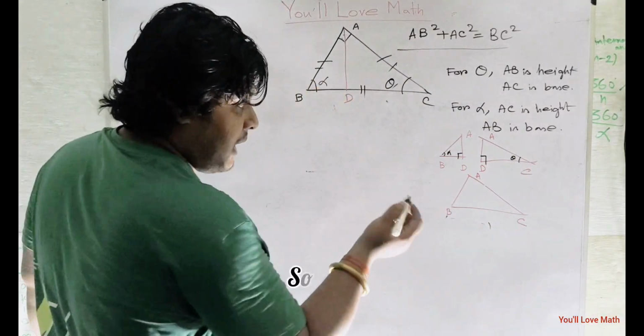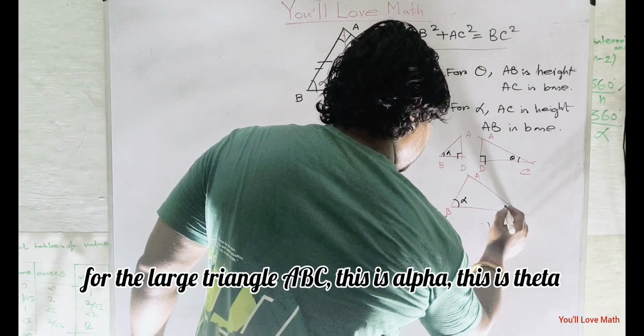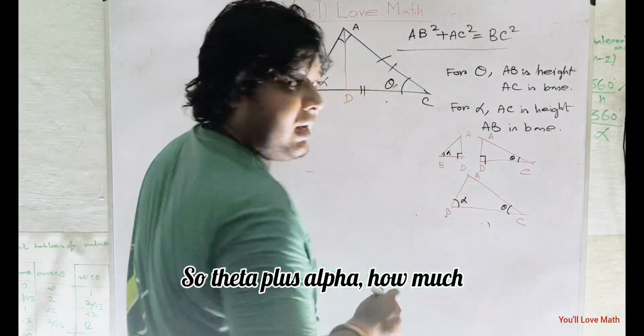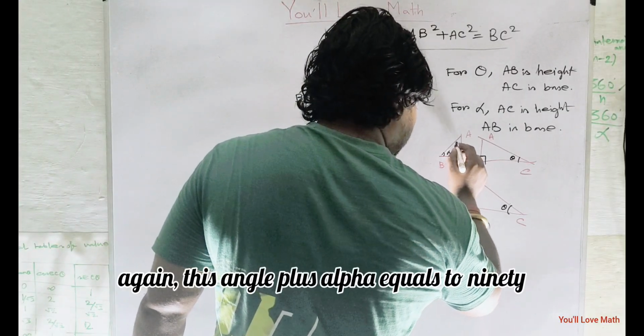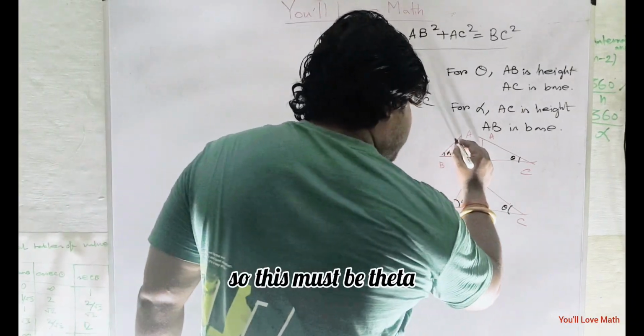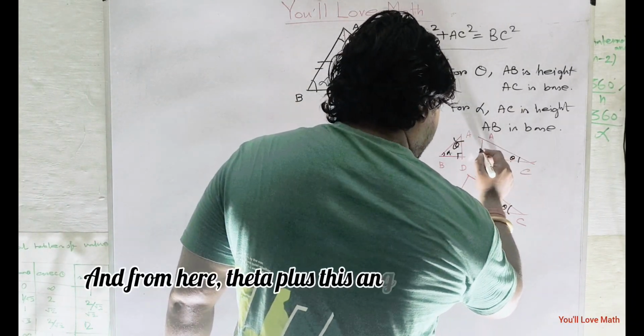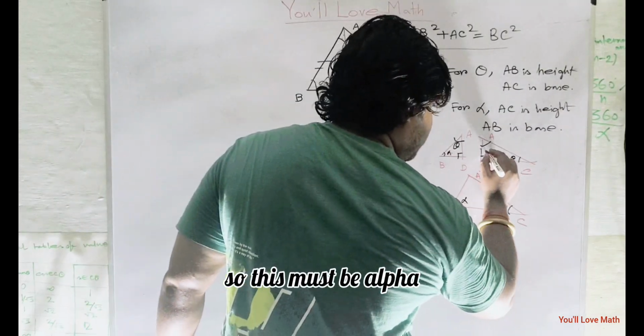For the large triangle ABC, this is alpha, this is theta. So theta plus alpha, how much? 90. So here again this angle plus alpha equals 90, so this must be theta. And from here theta plus this angle equals 90, so this must be alpha.